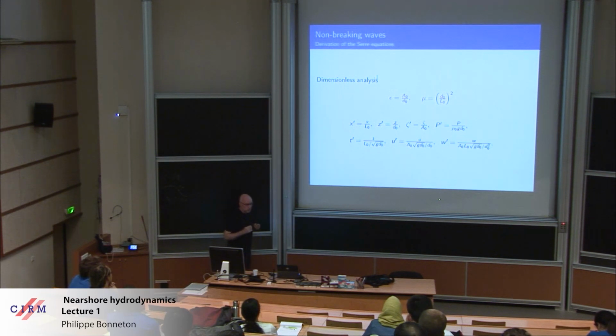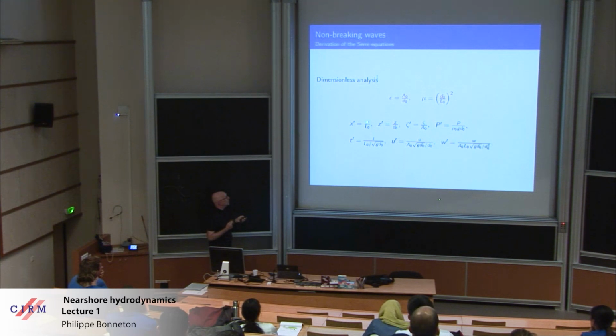Now we would like to put the whole system of equations into a dimensionless form. For that, we would like to use dimensionless variables for horizontal space, vertical elevation, and so on. And all quantities with prime are of order 1.